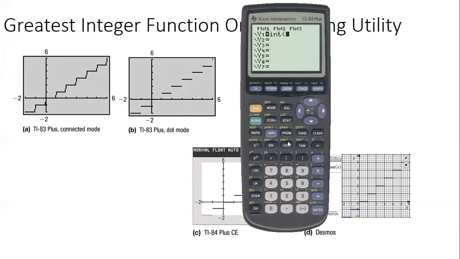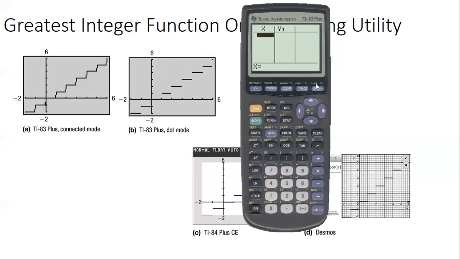INT, x, and I hit graph, and there it is. And then I believe I can turn off the connect. Can't remember how to turn off the connection right now, but yeah, INT. And it's the integer. So if you go look at the table, you won't see the values in between, but if you turn it on to where it's ask, you can then see how it rounds down.